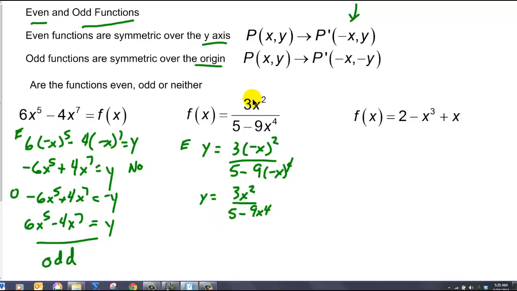And what do you know? Same guy, so this is an even function. Could they be both? Yes. Is this one? No. So I'm not even going to test it.